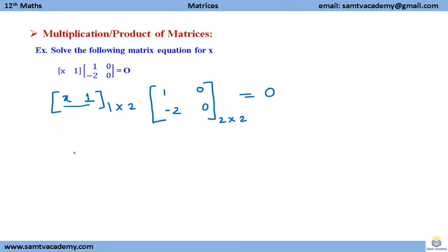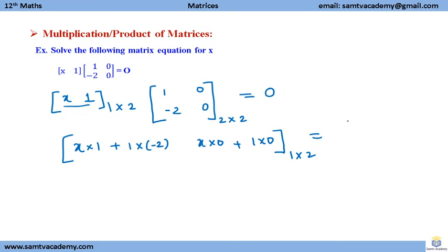x into 1 minus 1 into, so first we'll write here plus and this is minus 2. So this is the matrix, and second what we'll get is x into 0 plus 1 into 0. So this is a 1 by 2 matrix, that is equal to a null matrix of the same order. So we have to write here a null matrix of the same order, that is 1 by 2.